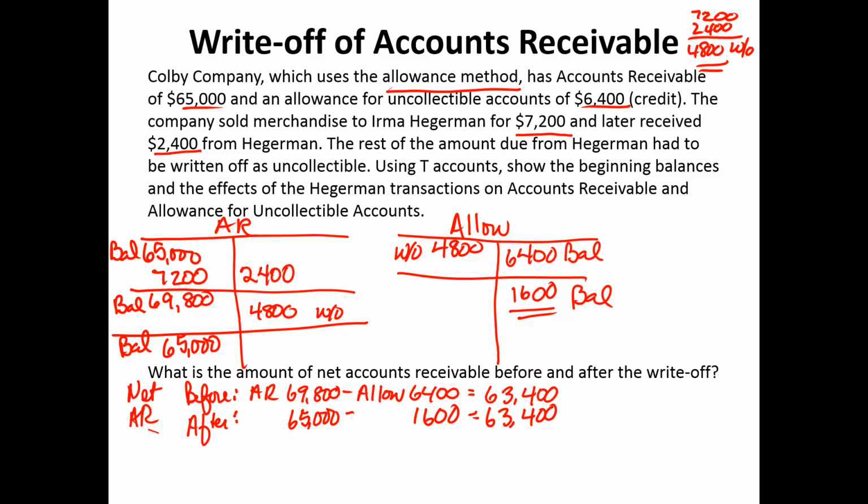This is a discovery that I hope you remember: they are going to be exactly the same, because the write-off entry is impacting two current assets, and so the net remains the same because the asset accounts differ by the same amount. So this is an example of a write-off problem.